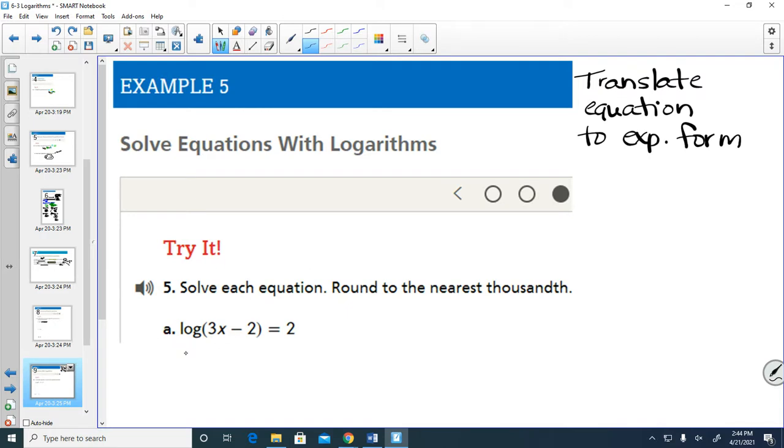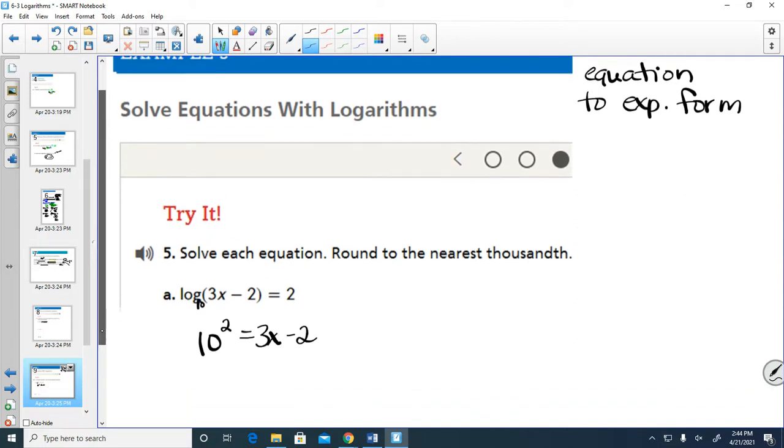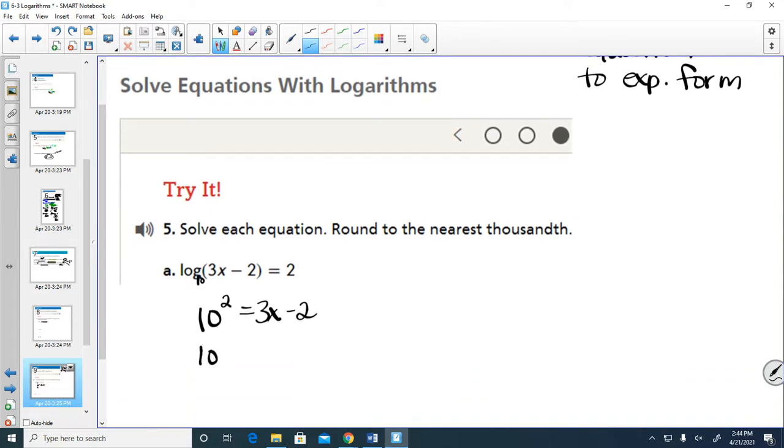So here I see my equation as log of 3x minus 2 equals 2. The base is not written there, but I understand that it's a 10. So I can write the equation 10 to the second power equals 3x minus 2. And then from here, I have a really simple equation. 10 squared is 100, so 100 equals 3x minus 2.